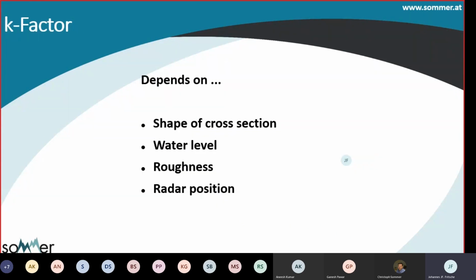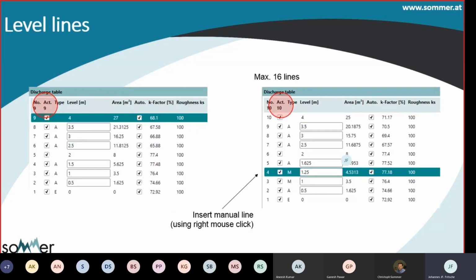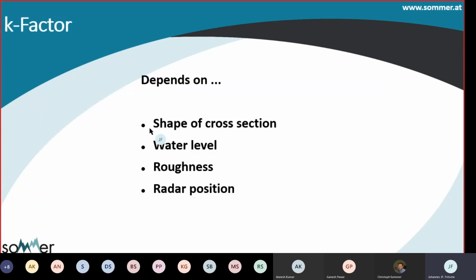So now we have seen here in our discharge table a K factor in percent for each water level. And the K factor is nothing else than the ratio of the mean velocity in the water body to the velocity at the water surface.